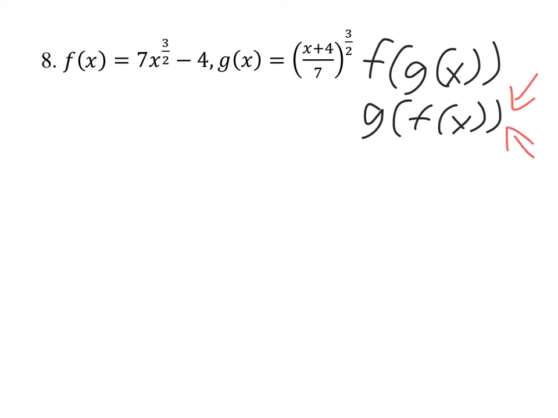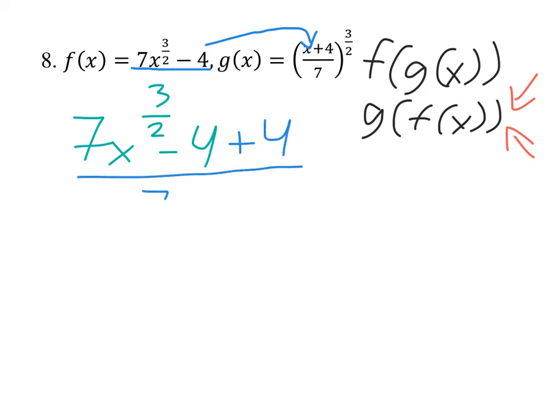So what I'm going to do is take my f of x equation, 7x to the 3 over 2 minus 4, and now I'm going to fill in my g of x equation. So what we're saying here is that this entire f of x is the same as that x right there. If we treat this like the numerator of our g of x, we need a plus 4.